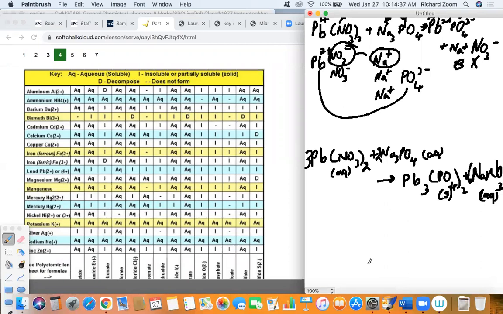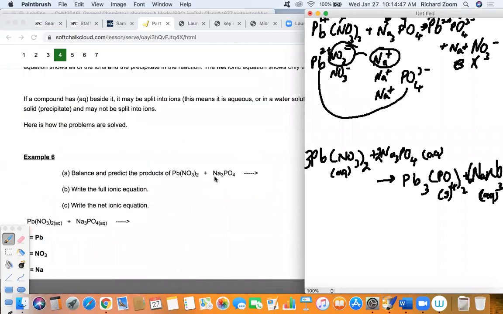What we're seeing there is the predicted and balanced equation for the double displacement. You remember that was the first task we needed to perform: balance and predict the products, which we did. The next thing we need to do is write the full ionic and the net ionic equation.